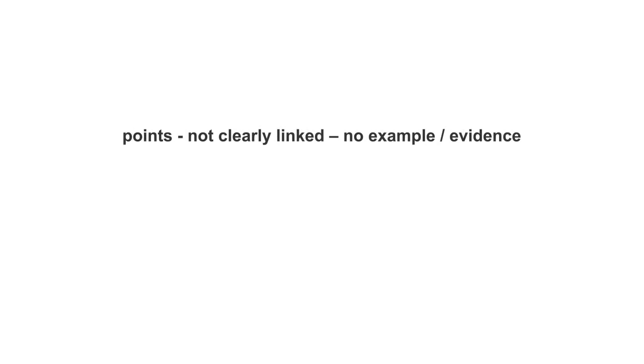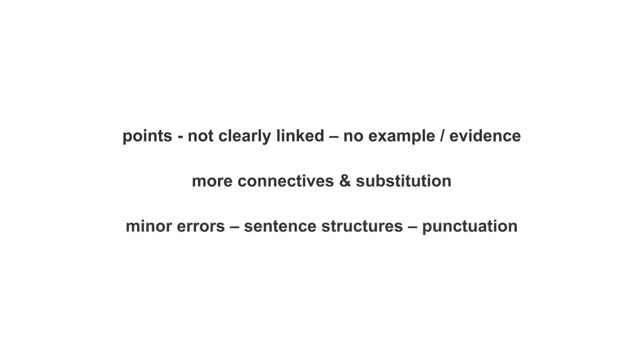It couldn't achieve a higher band because some points didn't link clearly into the overall opinion and were not supported with examples or evidence. In terms of coherence and cohesion, it needed to use more connectives and substitution. And lastly, there were minor errors in sentence structures and a problem with punctuation.